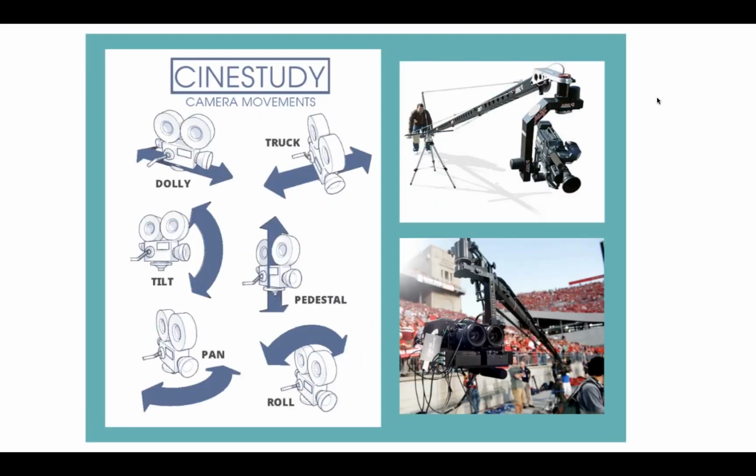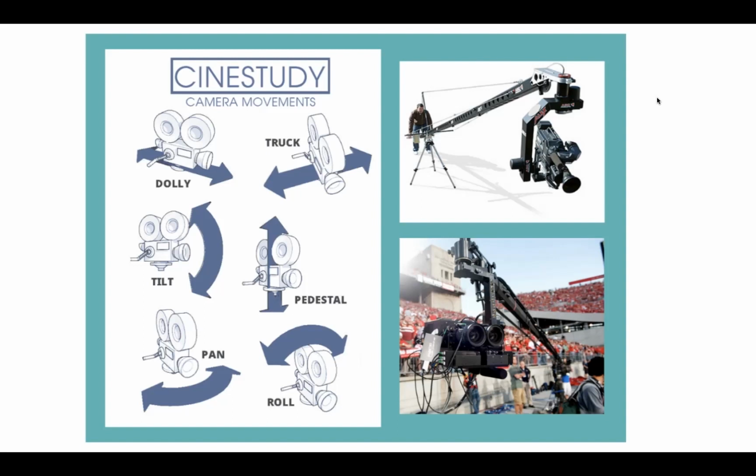Again, here are some of the movements that you might see. A dolly goes front and backwards, a truck goes from side to side, tilt up and down. A pedestal is like a tilt, except the camera actually moves from one area to the other, kind of like an elevator. A pan is going from side to side without actually moving with the subject, and then a roll is like a 360.